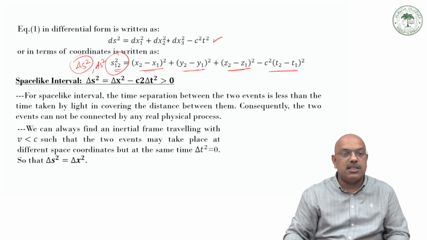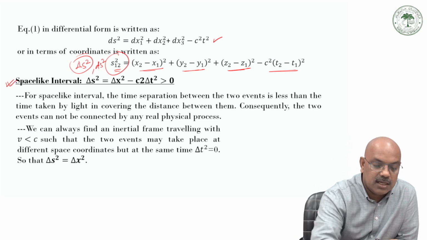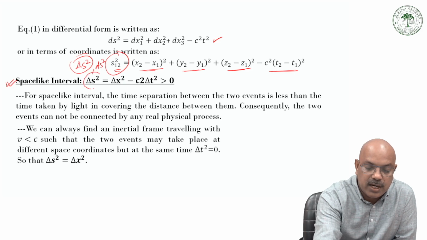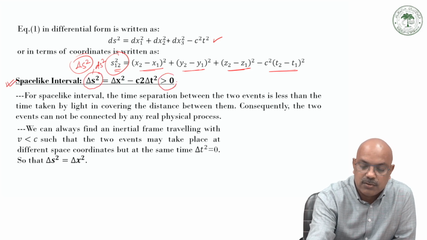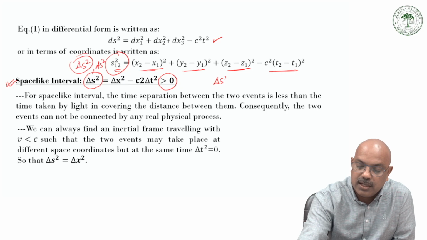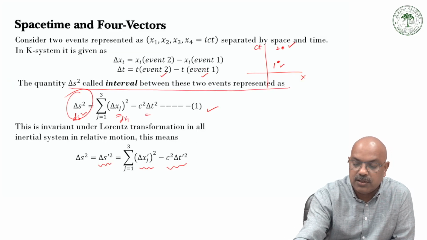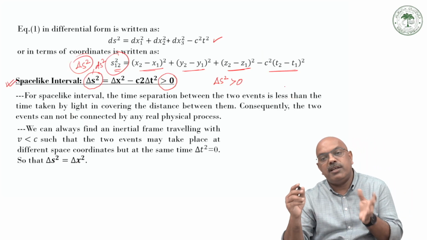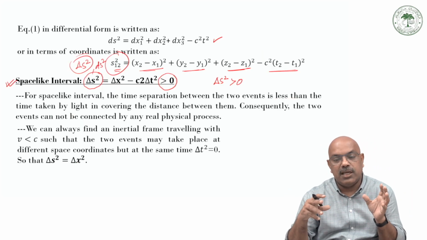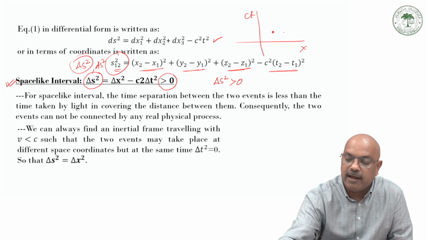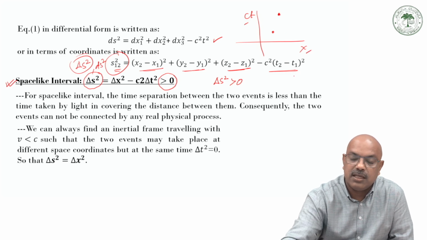The first is the space-like interval, which is defined when the condition delta s square is greater than 0 is fulfilled. That is the interval between the two events. When any two events happen in Minkowski space, one event has some x and t components, and the second event has some x and t components.